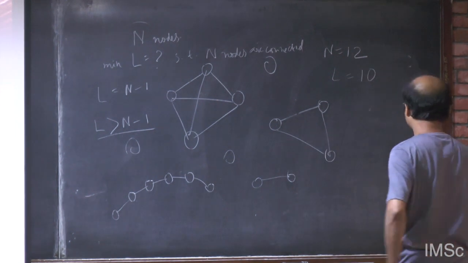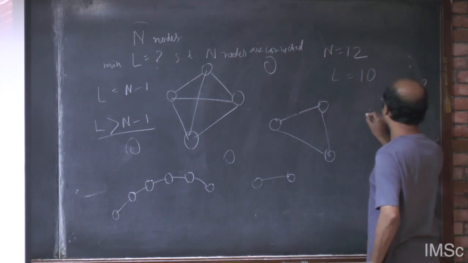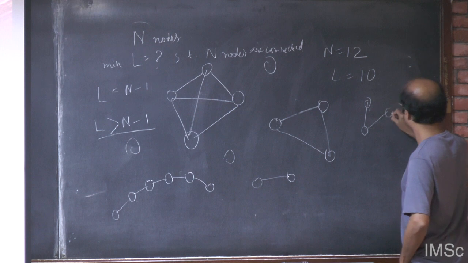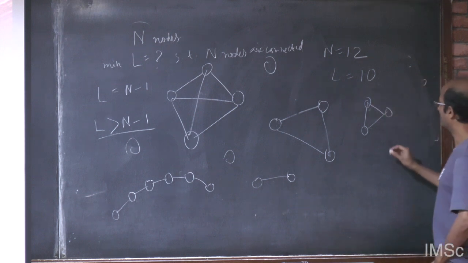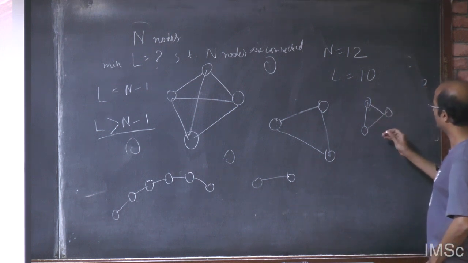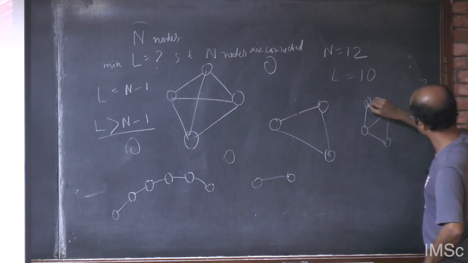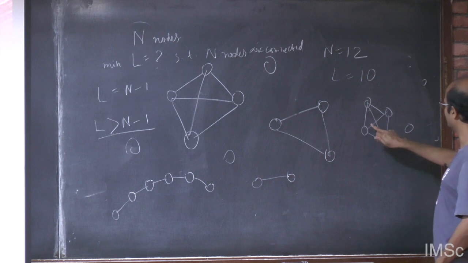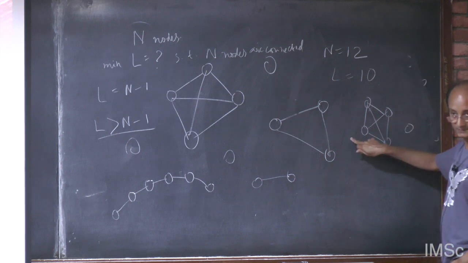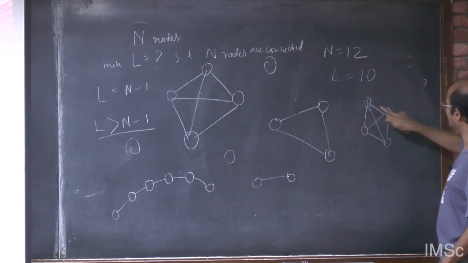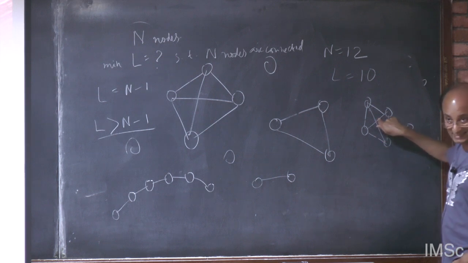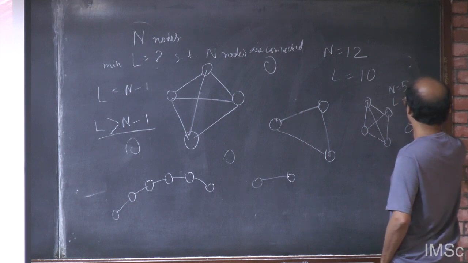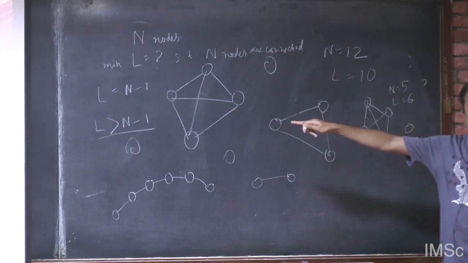So for example, you could have a situation like this, okay? So if you count, there are 5 nodes, okay, and 1, 2, 3, 4, 5, 6 edges, okay? So n equal to 5, L equal to 6 does satisfy that criteria.